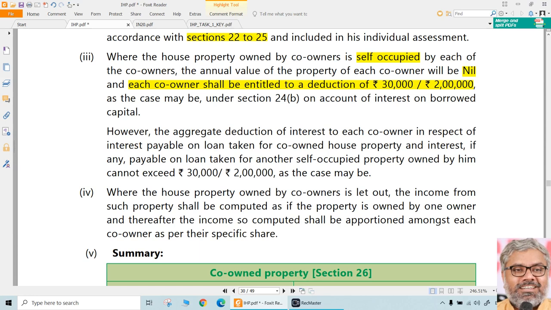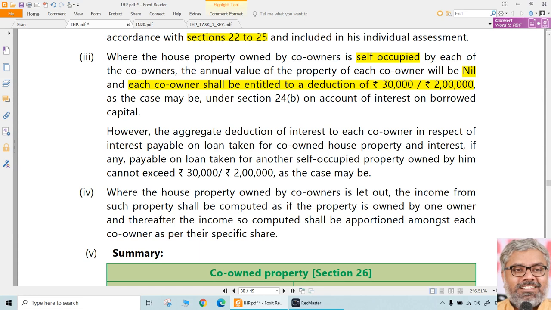But the main point is, when a property which is co-owned is also self-occupied, each co-owner will get a deduction. So this deduction of 30,000 or 2 lakhs, as the case may be, is not for the property. It is for the individual, the assessee himself. So if there are two co-owners, both of them will get 2 lakhs rupees deduction on the interest on borrowed capital. So co-ownership definitely gives a bit of benefit.